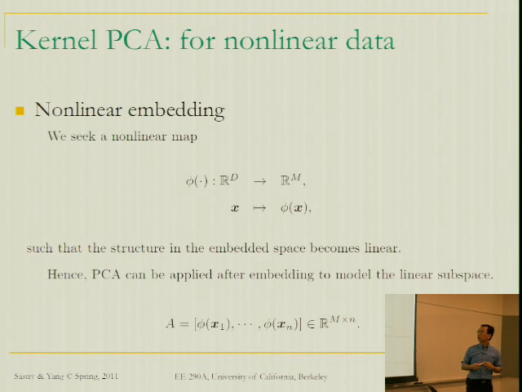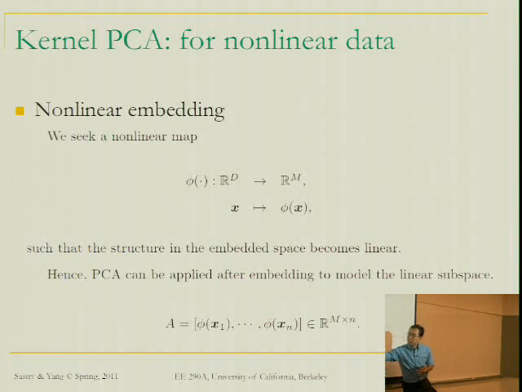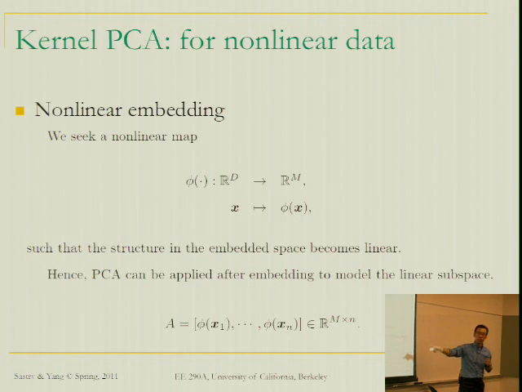So in the embedded space, because the distribution becomes linear, we can apply PCA there, and then extract some more meaningful linear structure. What I mean by that is I'm going to apply PCA on this matrix A, whose column vectors are the projected vectors phi of x1, phi of x2, all the way to phi of xn.